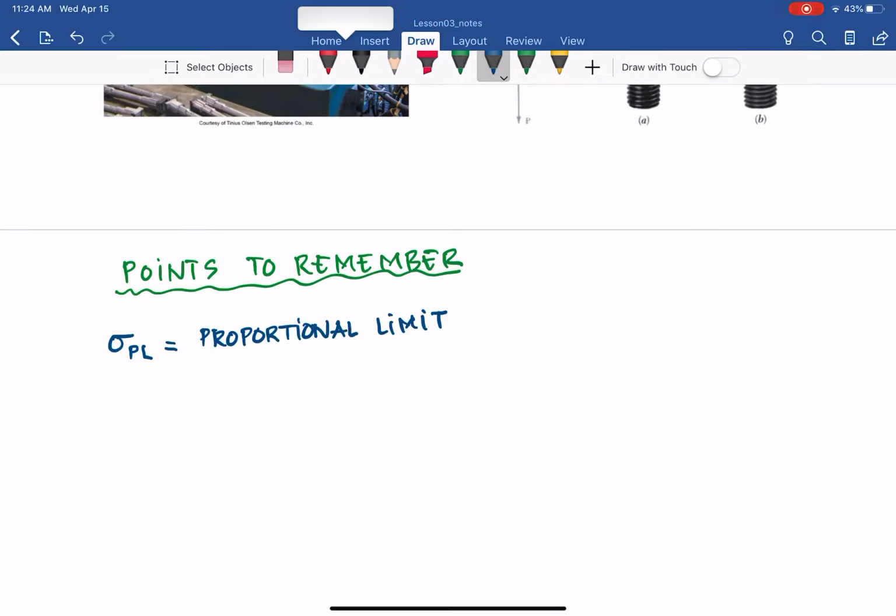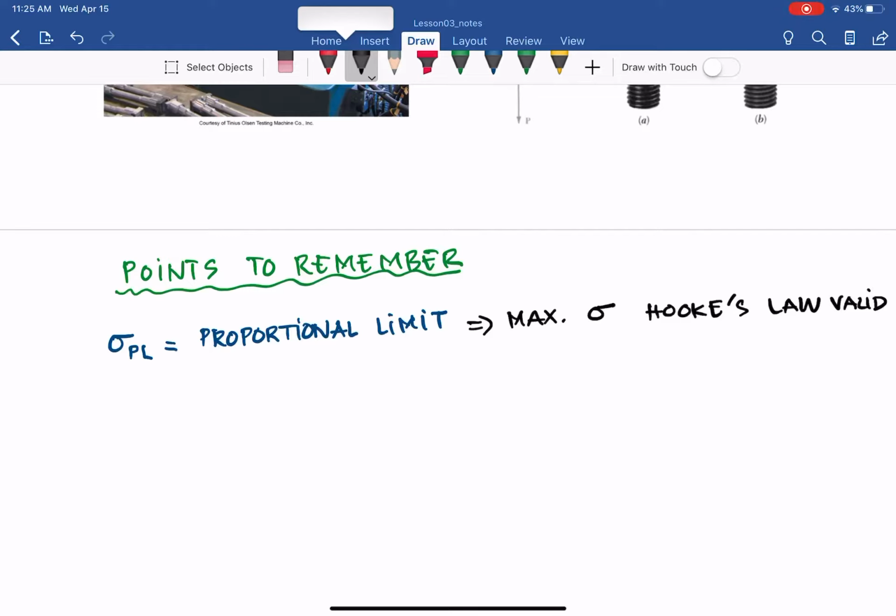So in that case, it's basically the maximum normal stress that Hooke's law is valid for, because as you remember, Hooke's law is F equal to negative kx. Okay, so it's the linear portion of the elastic region.